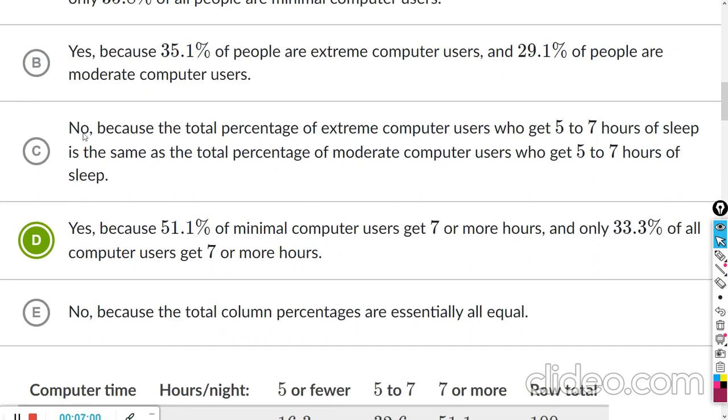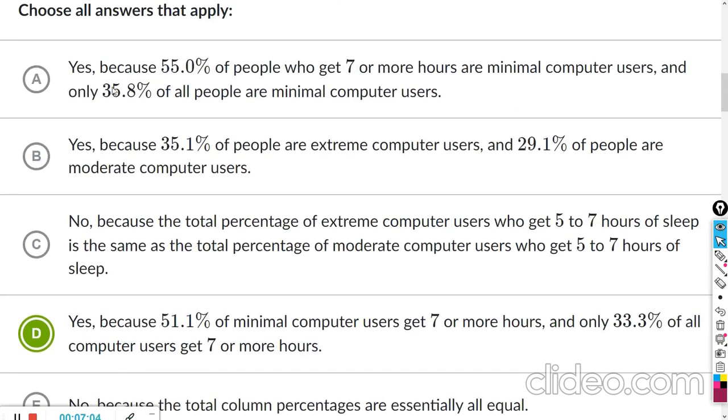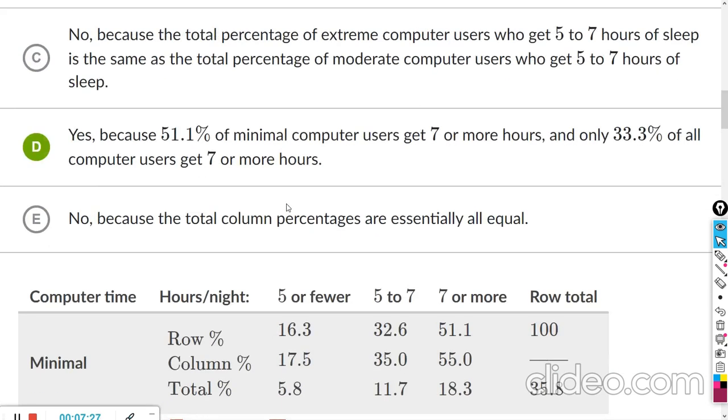So C is no, can't be C. E is no, it can't be E. Let's look at A and B because it says choose all answers. A says 55% of people who get 7 or more hours are minimal computer users. So I think A is true. 55% of people who get 7 or more hours are minimal computer users, but only 35.8% of all people are minimal computer users.